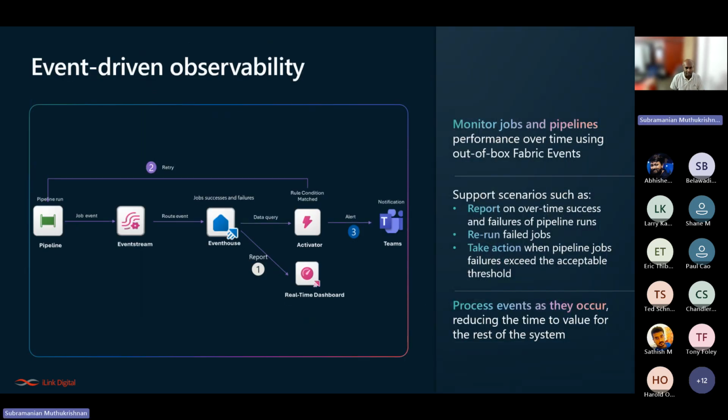The key here is that real-time intelligence is not always streaming data. It can also be your enterprise data warehouse. It can also be your SQL server. As long as you want to tap into business intelligence based on certain events, real-time intelligence can help you tap into it. This is another area where real-time intelligence can help you.